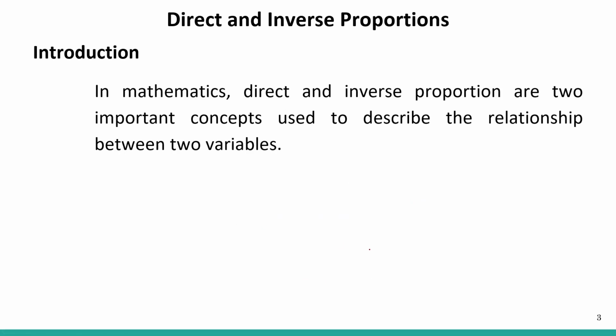So in mathematics, direct and inverse proportions are two important concepts that are used to describe the relationship between two variables, and also between two or more ratios. You must be thinking, what about the ratios?